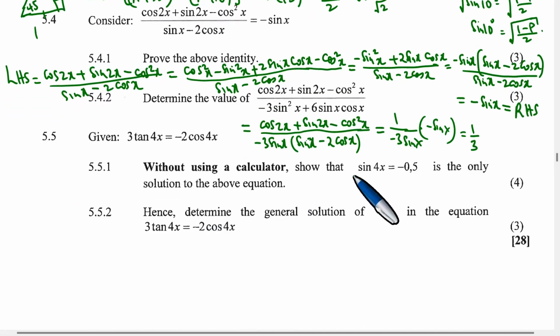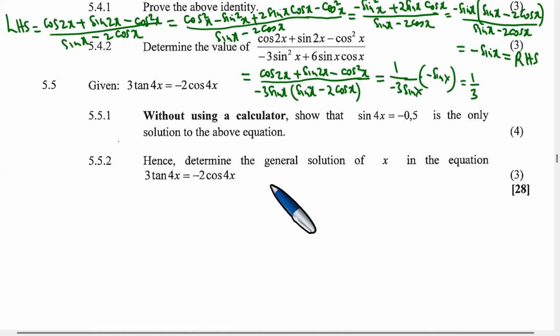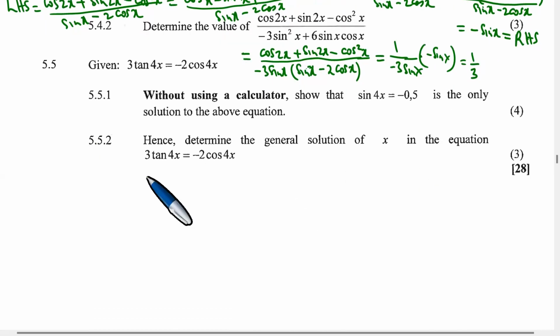Without using a calculator, show that the sine of 4x is minus 0.5. So we're looking now at question 5.5.1. To do this question, we begin as follows.